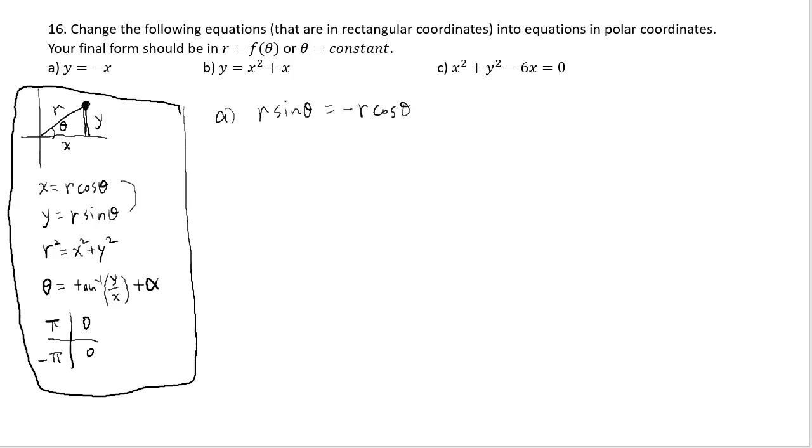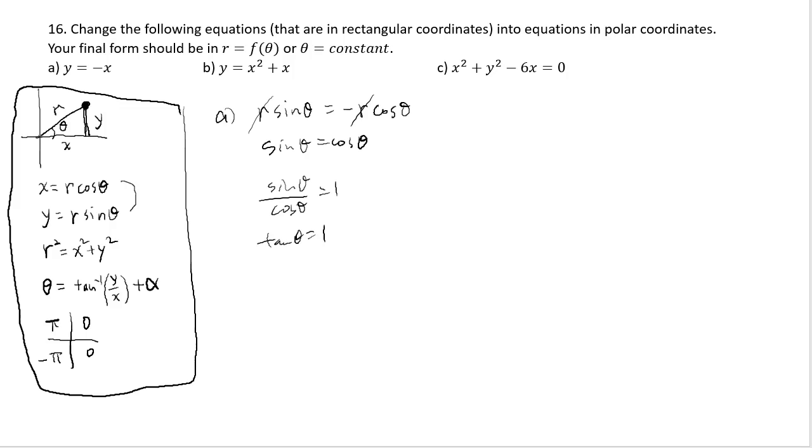Let's see, and then you want to solve for r, but if you can divide by r, you can just cancel the r, because in polar coordinates, r equal to 0 is just the origin, and usually that doesn't play any role. So when you can divide by r, just divide both sides, and then you have sine theta equal to cosine theta. Now that's a little strange, right? But if we divide cosine theta both sides, we have sine theta over cosine theta equal to 1, which is tangent theta equal to 1.